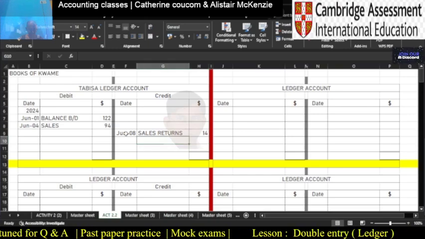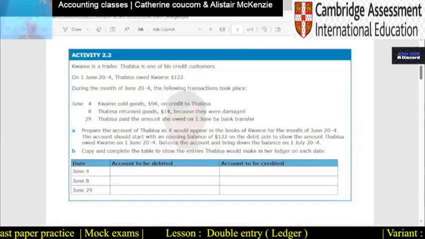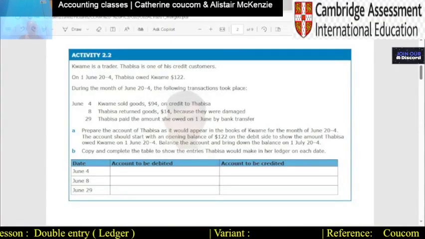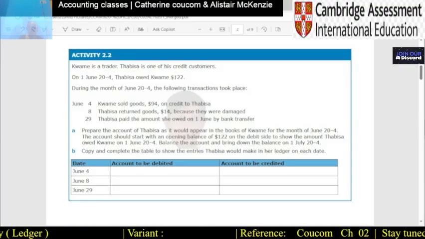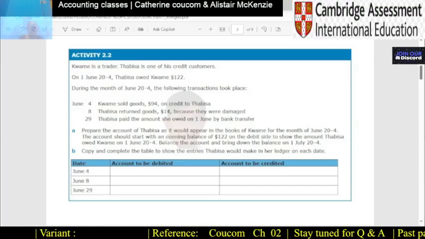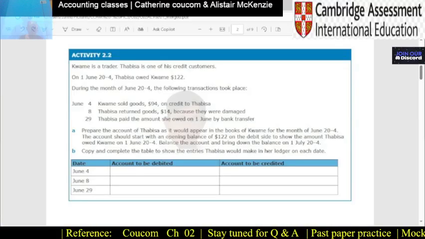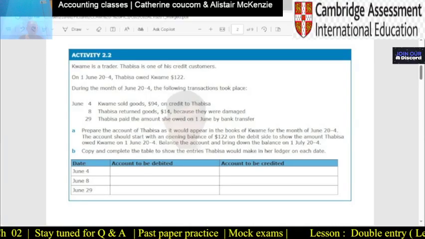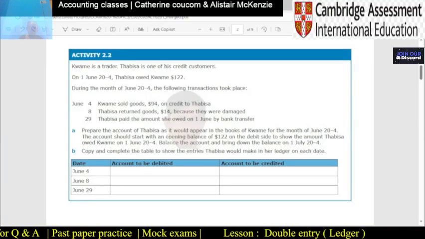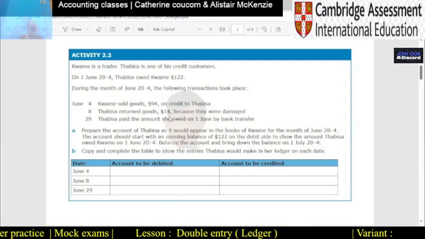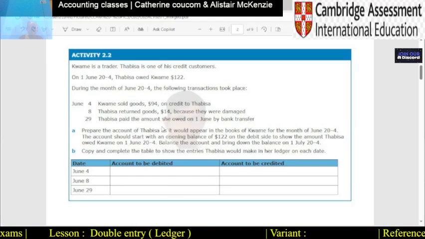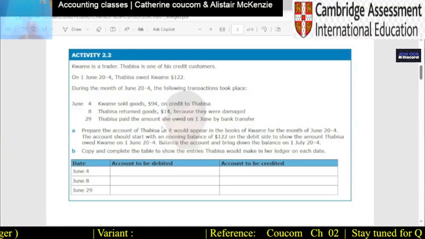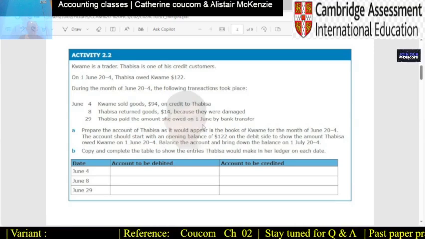Then what has happened? Tabisha paid the amount she owed. Tabisha paid. So money will go to the bank. Tabisha has paid what she owed on 1st June.